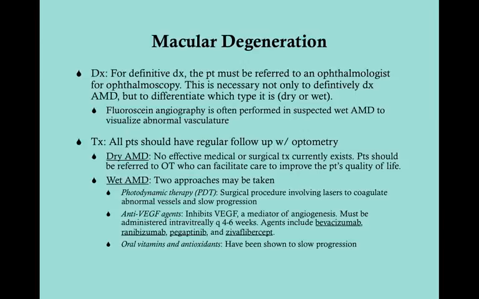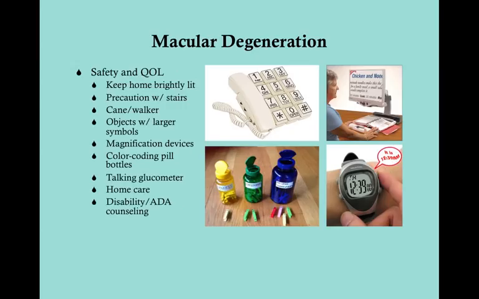And then another thing that should be done in all patients, not just wet AMD, is oral vitamins and antioxidants, and they have been shown to slow progression. So you'll also, and this is why you send the patient off to occupational therapy, occupational therapy will help them with strategies that they can do around the house to help with their quality of life.